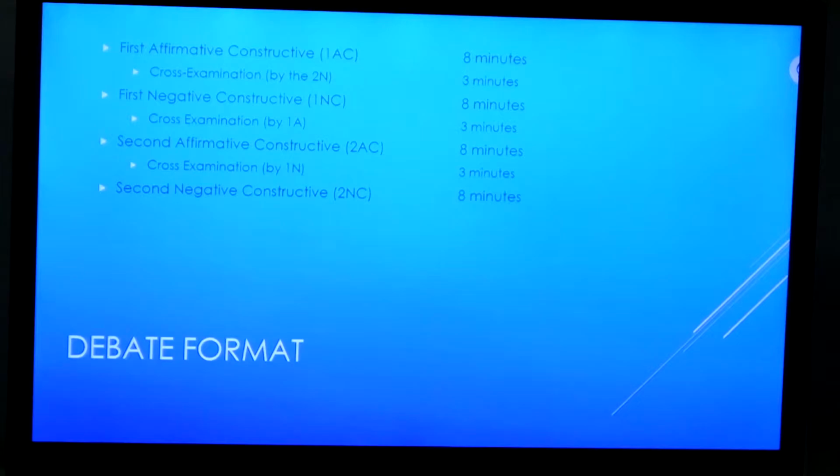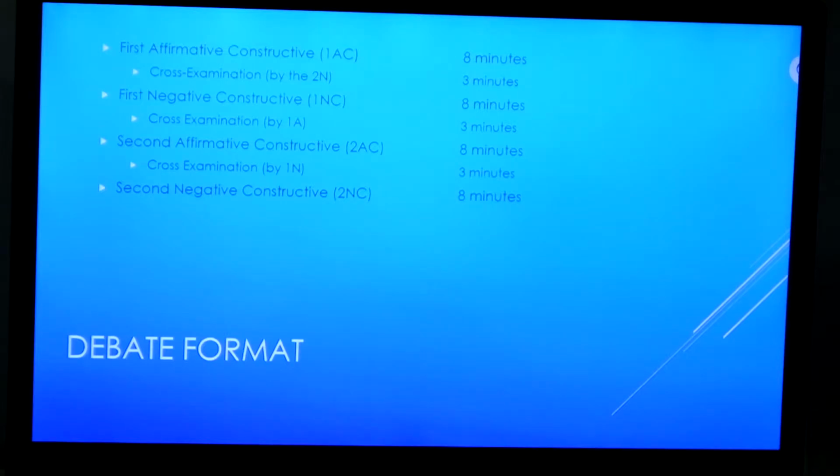They can't introduce new parts of their plan in the second part. The negative cannot start raising new arguments against it, because the rest of the round is going to be all about continuing on the arguments that have been raised at that point.